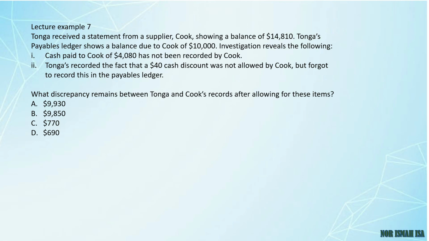The question says Cook's records show a Tonga balance of 14,810. This is from the statement. Tonga's payable ledger shows a balance due to Cook of 10,000. As for the Tonga book, it shows that for Cook, the payable balance is 10,000.